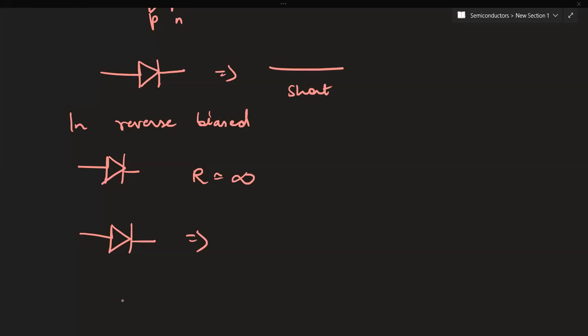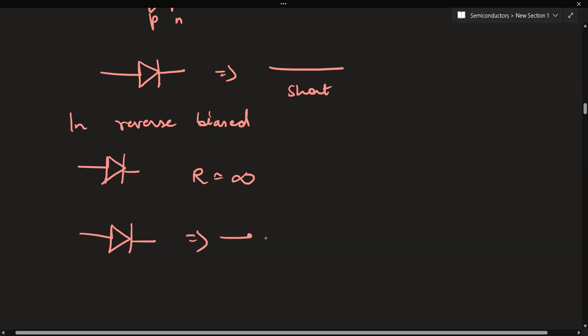Ma'am, I forgot the name of this circuit. No, no. See, when resistance is so large, current is almost negligible. Open circuit. Did you recall, Abdullah? This was the open circuit which you have done. Yes, ma'am. This is the short circuit and this is the open circuit. Because there won't be any current because the resistance is so much.